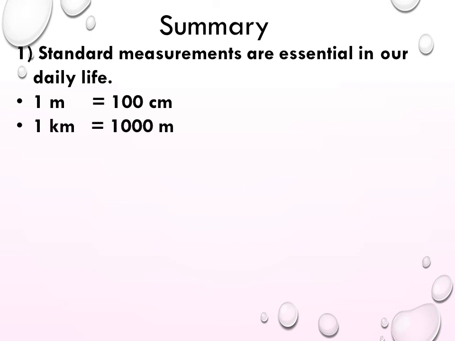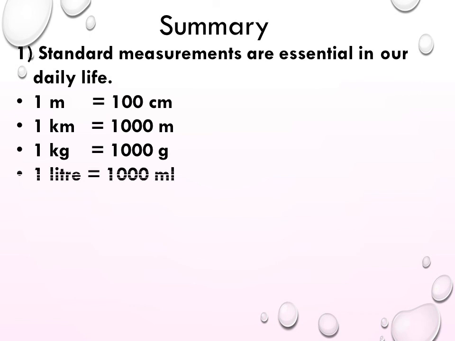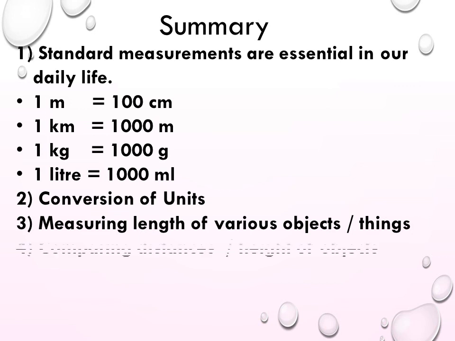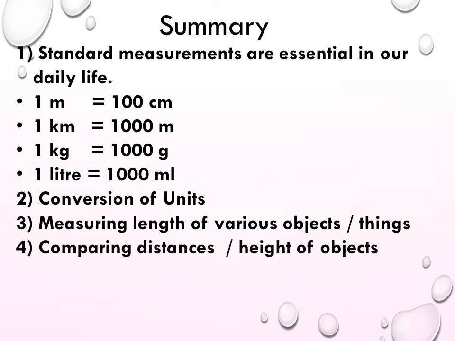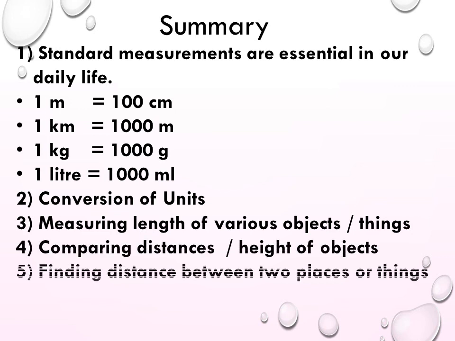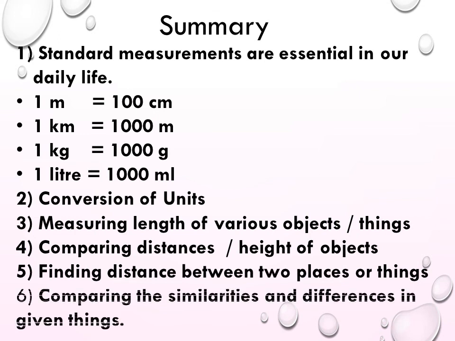And conversion of units, measuring the length of various objects or things using a scale, tape or thread. Comparing distances or heights of objects. Finding the distance between two places or things. Comparing the similarities and differences in given things. These are all we learned in this chapter.